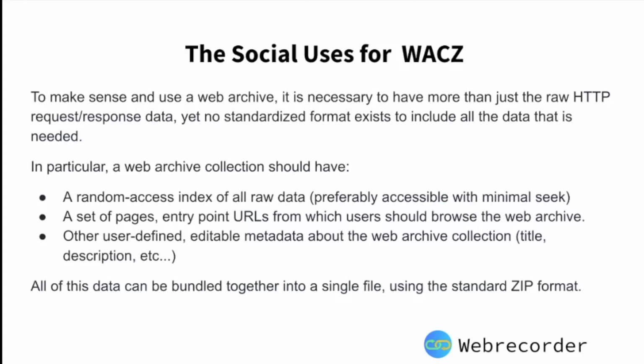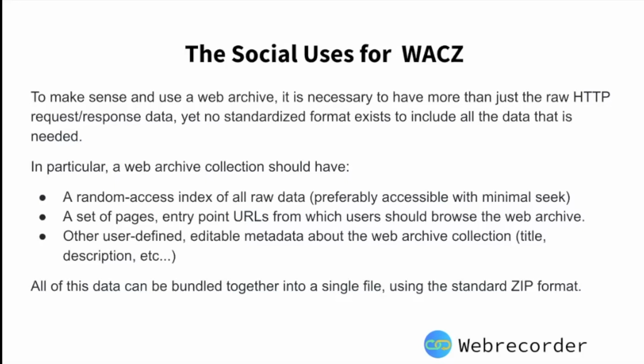But really quickly, the social pitch for WACZ is that a web archive collection should have a random access index of all the raw data, preferably with minimal seeking, a set of pages and entry point URLs from which the user can browse a web archive, and other user-defined editable metadata about the web archive collection, like a title and a description, when you scraped it.